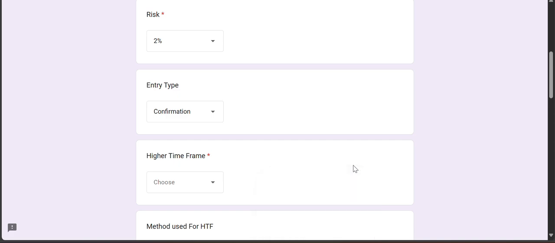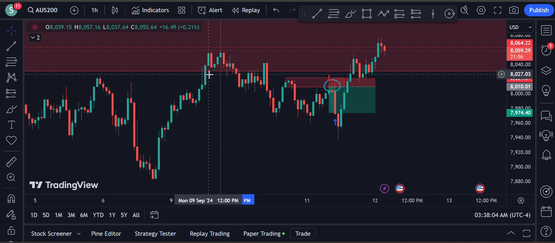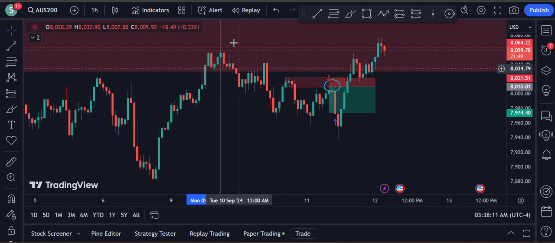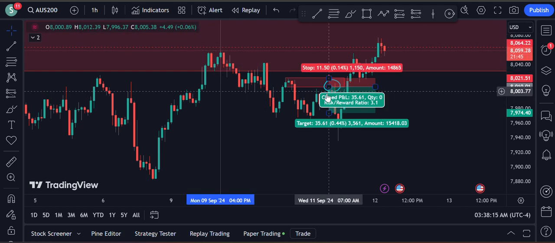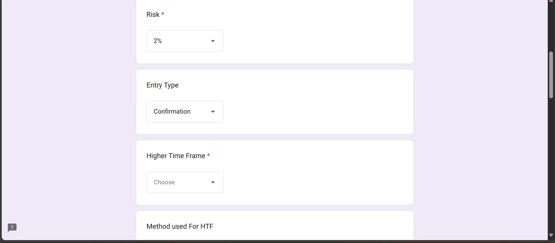Because we moved down from the 1 day time frame to the 1 hour time frame. We took confirmation here, and only after that we entered this position. If it was not for the 1 day time frame, we would have never entered. So yeah, it's a confirmation entry.